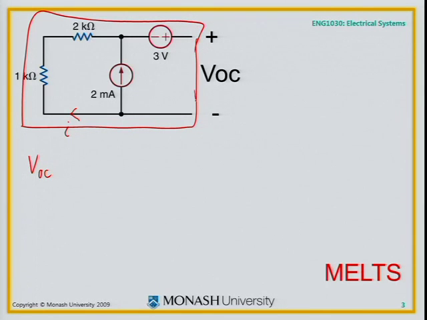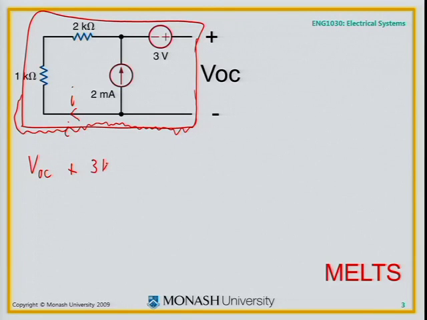And then I move along here, there's nothing, there's nothing, there's nothing. I hit a resistor of 1K. Well, I've said let's call that current flowing through at I. I don't know what it is yet. Maybe I do, but for the moment I'm going to call it I. So I will have plus 1K I, and then there's also 2K with the same current in it, so they add up.